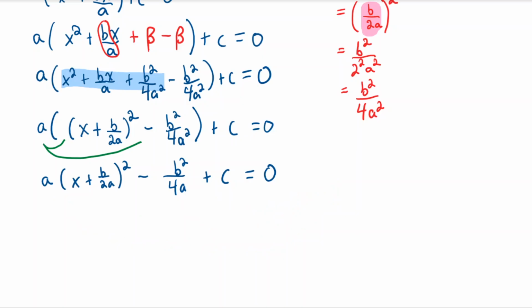So let's bring these two terms over to the other side. We're going to be left with a times x plus b over 2a squared. We're going to have b squared over 4a, yep, 4a, plus, or sorry, minus c.